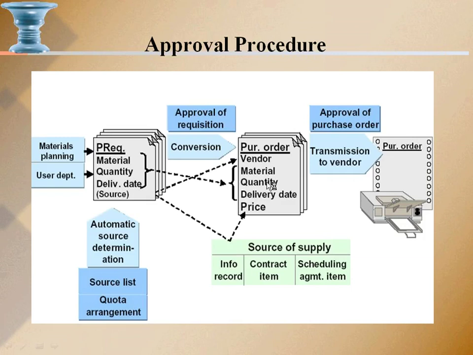Similarly, if you set up a release procedure on the purchase order, unless all the approvals of the document are done, you will not be able to transmit the purchase order to the supplier. So the key here is who are all the people to approve and whether they have approved it or not. Only when the document is approved completely will it be released for the next steps to be carried out on that particular document.